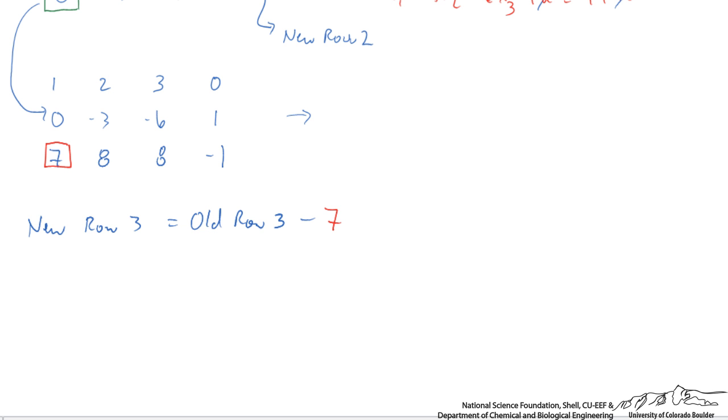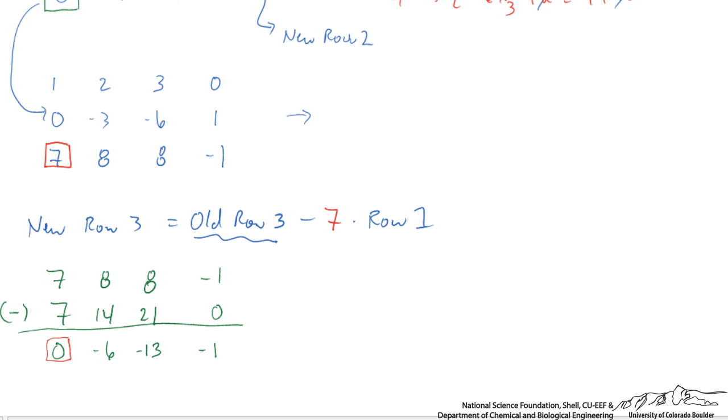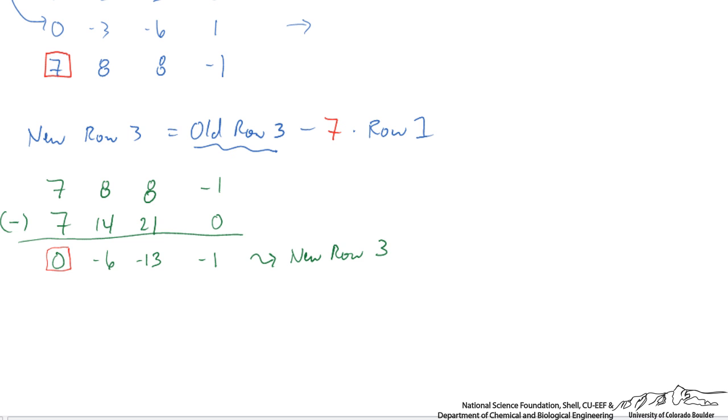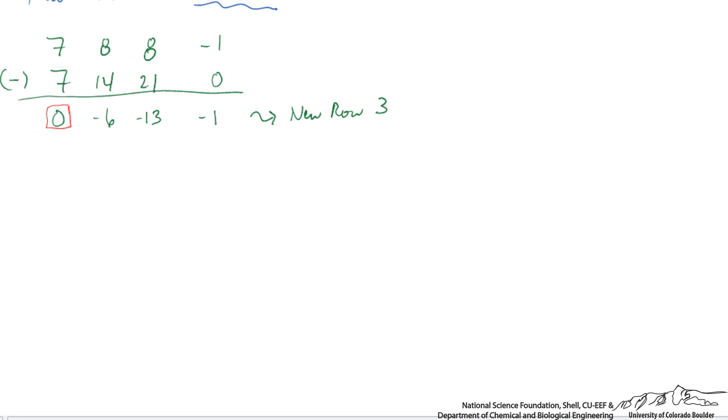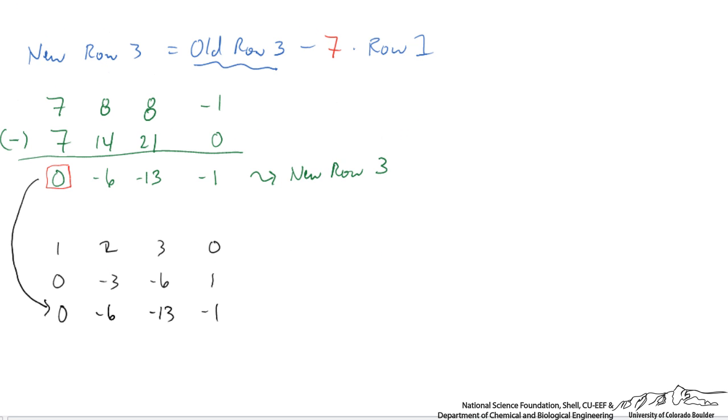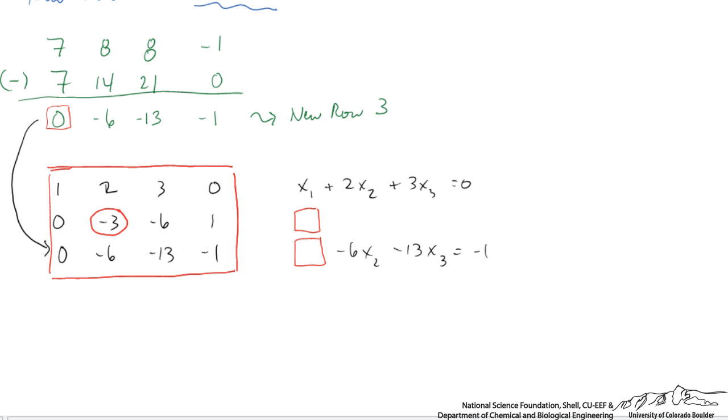We're trying to get that 7 down to a 0. So I have to subtract 7 times row 1. So this is our new row 3. Now let's put together our augmented array at this point. This left-hand column is exactly what we want.